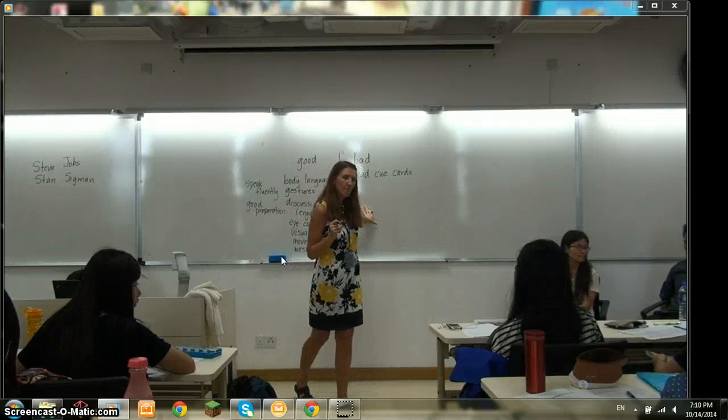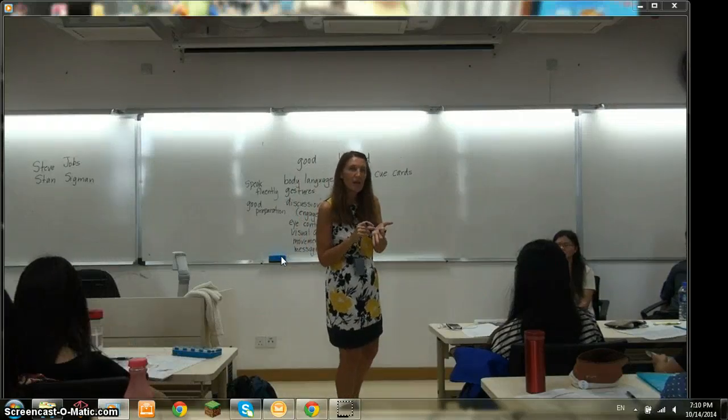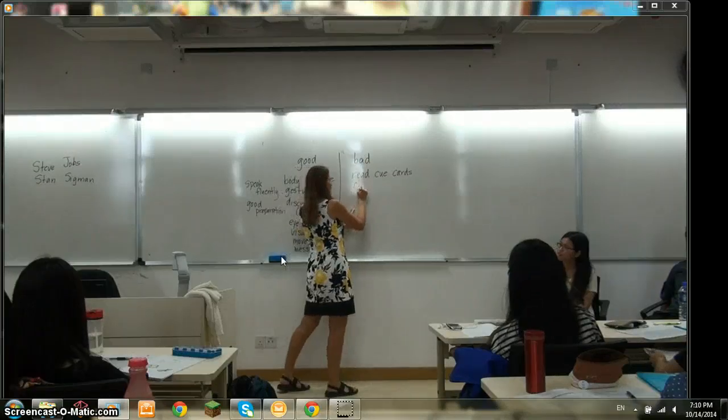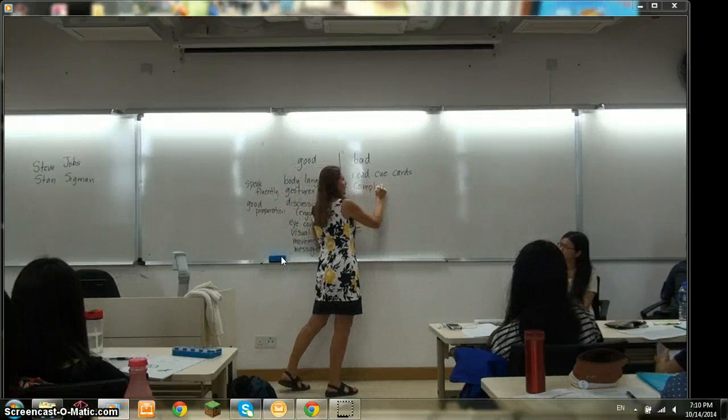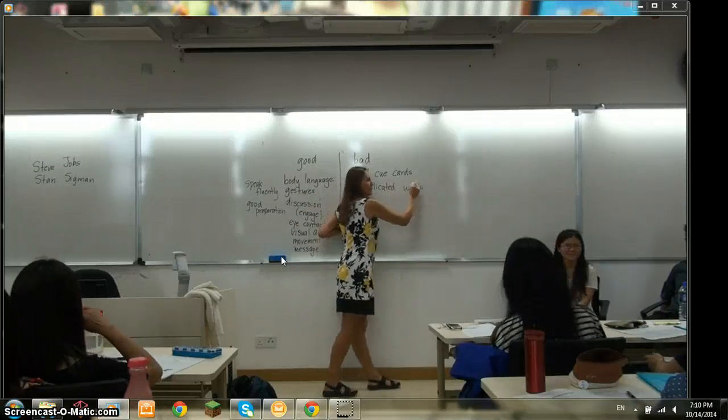So now we fast forwarded a little bit. We've generated a list of what makes a good presentation, and you can see some of the items on the whiteboard. And now I'm eliciting from the students some of the qualities of a bad presentation.